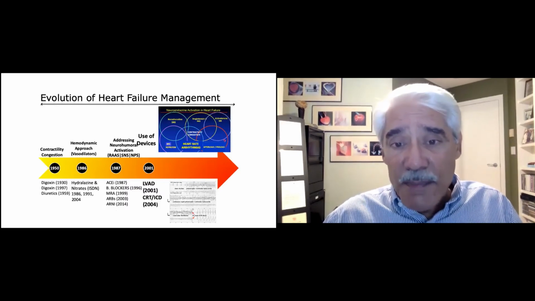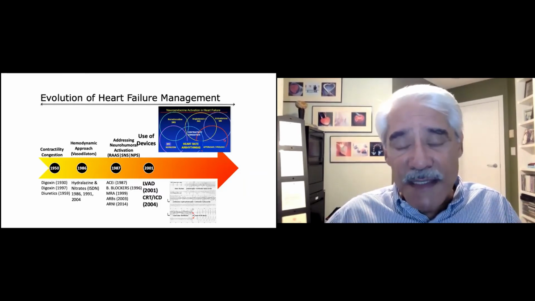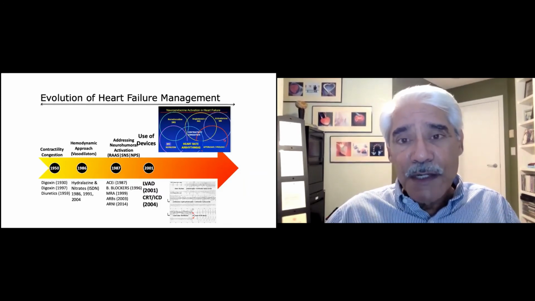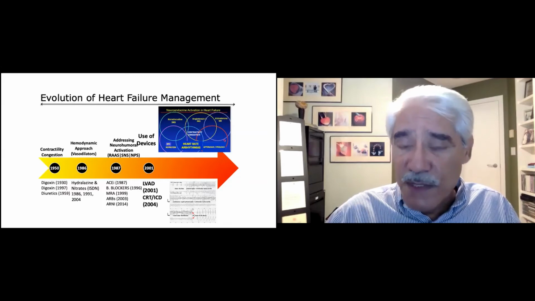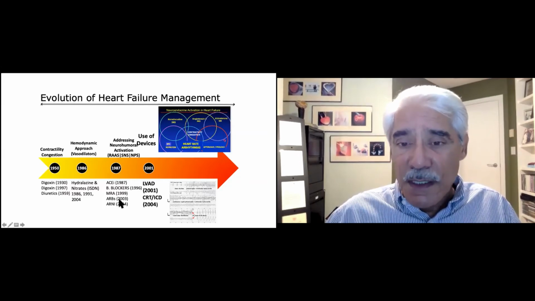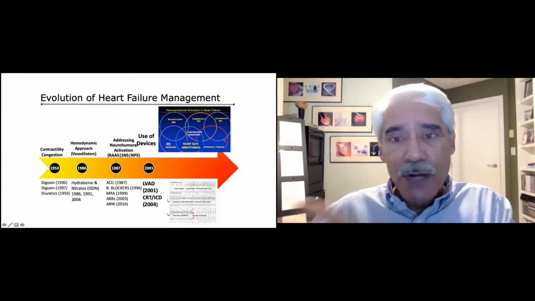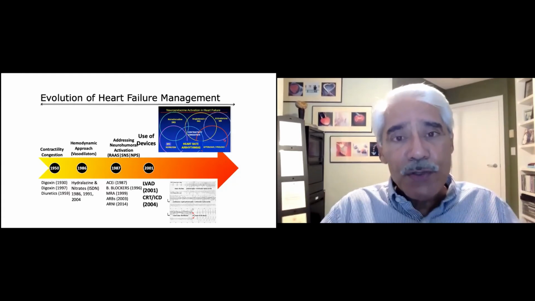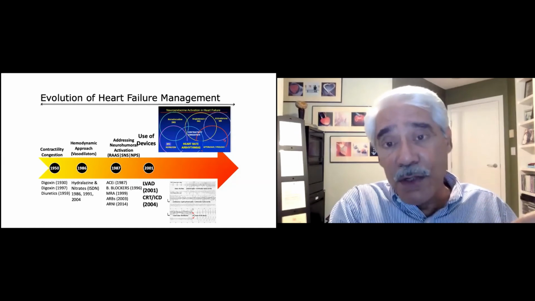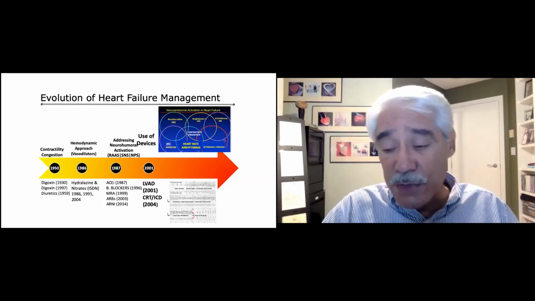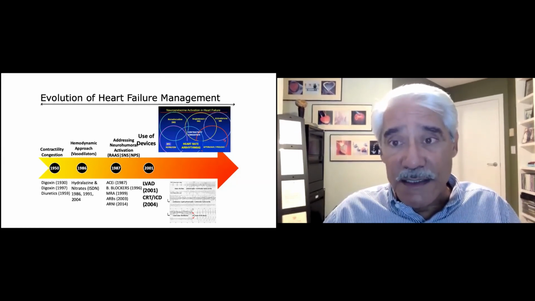So came the era of the use of devices, and in patients with advanced heart failure, you needed to use a left ventricular support device, the left ventricular assist device, to see if you can bridge them to heart transplant or use it chronically to improve their quality of life.